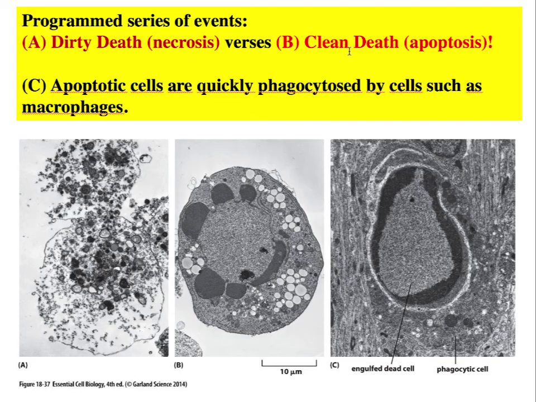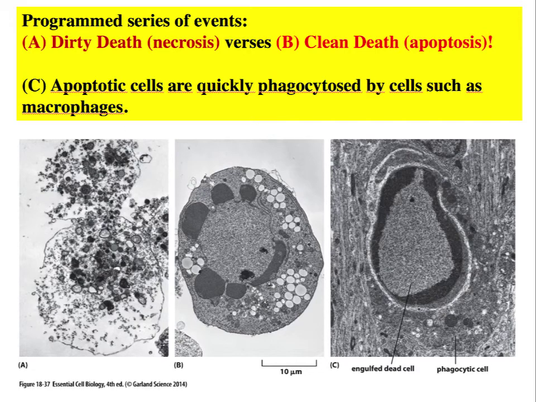Just to reiterate that there are two types of cell death. One is called necrosis, which happens when a cell is infected by a virus or when there's physical damage like an injury, versus the apoptotic system, which is considered a clean death.